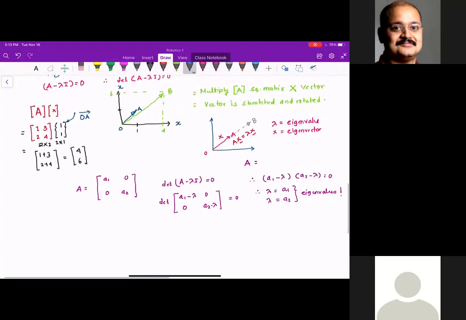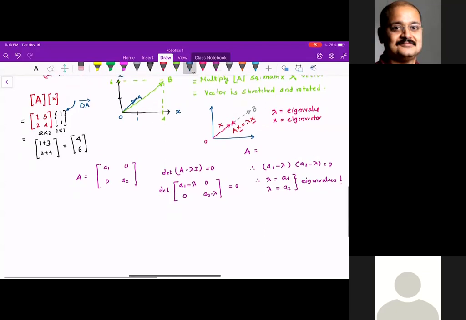Now, this is a very, very important statement, and I want you to remember this. If eigenvalues are negative, system is asymptotically stable.